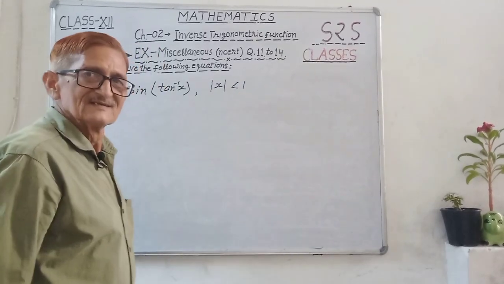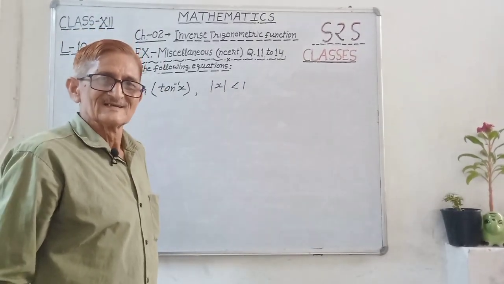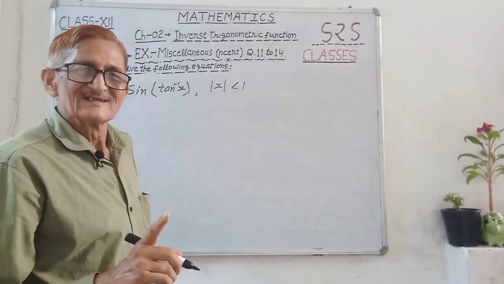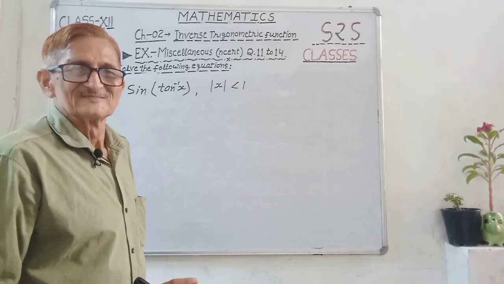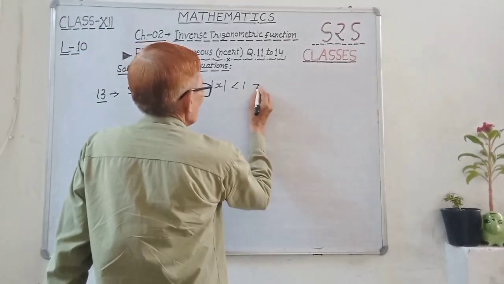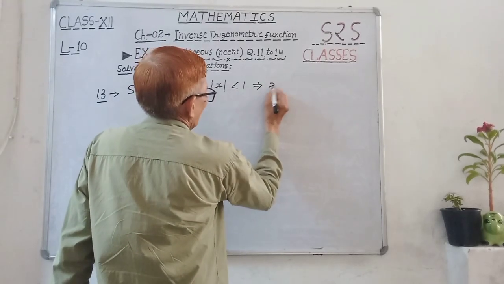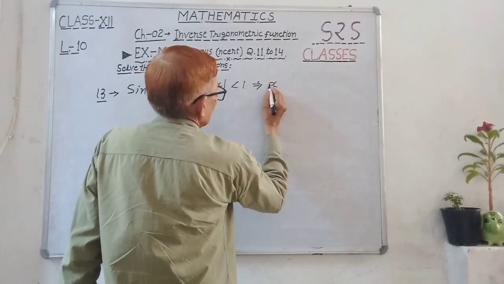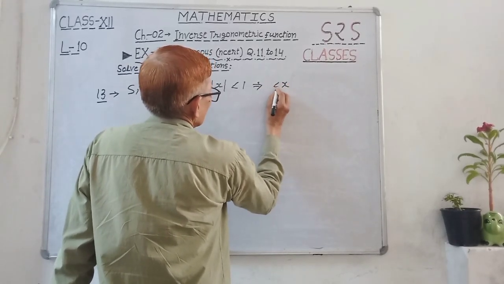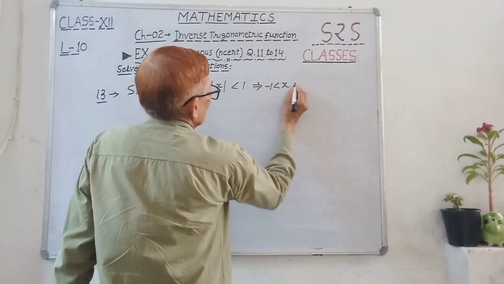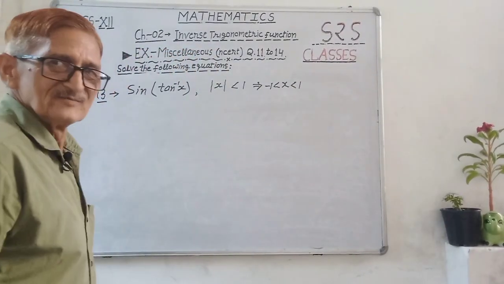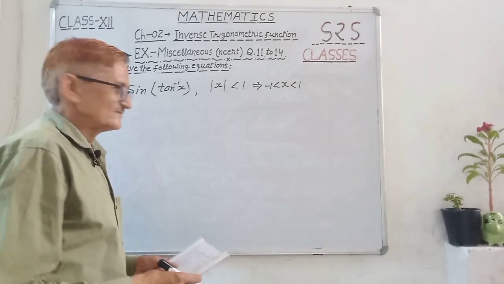It means x between minus 1 and 1, because modulus x less than 1. So this implies what we can say, x without modulus may be negative or positive, but greater than minus 1 and less than 1. Okay? Because modulus of negative is positive.